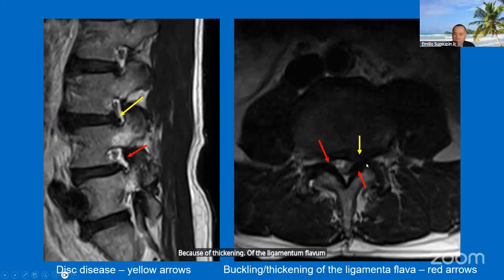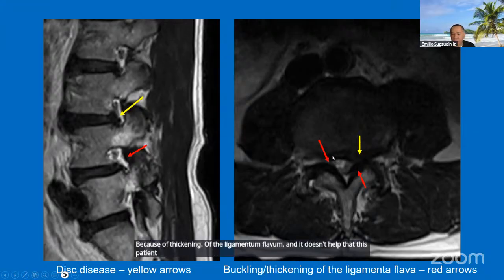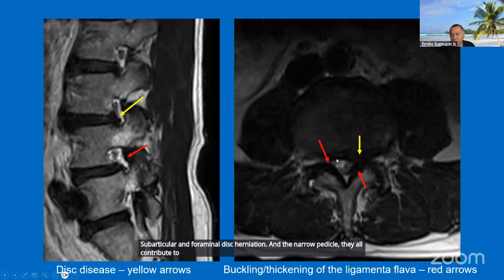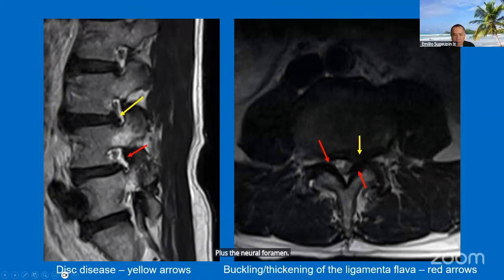And it doesn't help that this patient also has a herniated disc. You can see this on a background of diffuse bulge with central, subarticular, and foraminal disc herniation. And the narrow pedicles all contribute to narrowing of the central spinal canal plus the neural foramen, more on this left side.